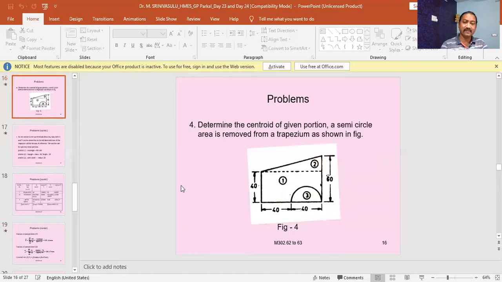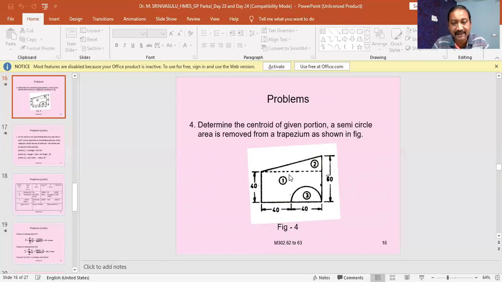So x equal to 39 means somewhere here, and y equal to 28 means somewhere here, at the point of the cursor, because of the removal of that semicircular part.